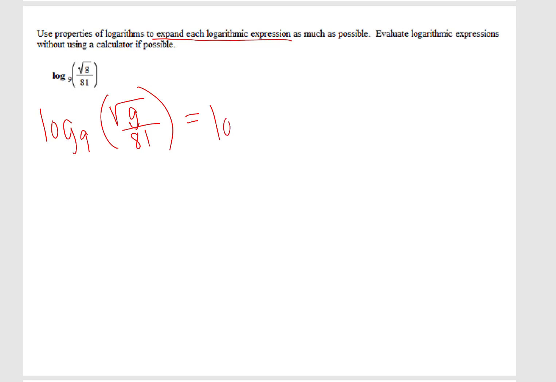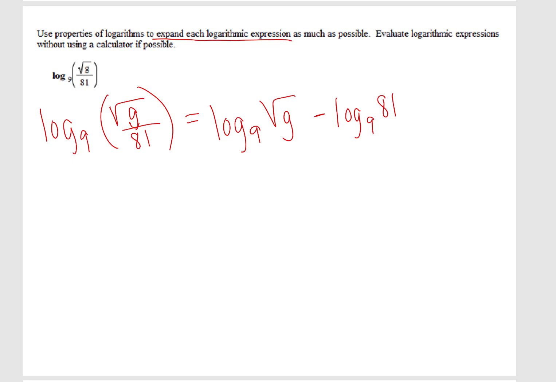Okay, so using the quotient rule here to write multiple logs. Square root of g minus log base 9 of 81. Now I want to see if I can simplify. I see that square root, and I know that square root of g can be expressed as g to an exponent.